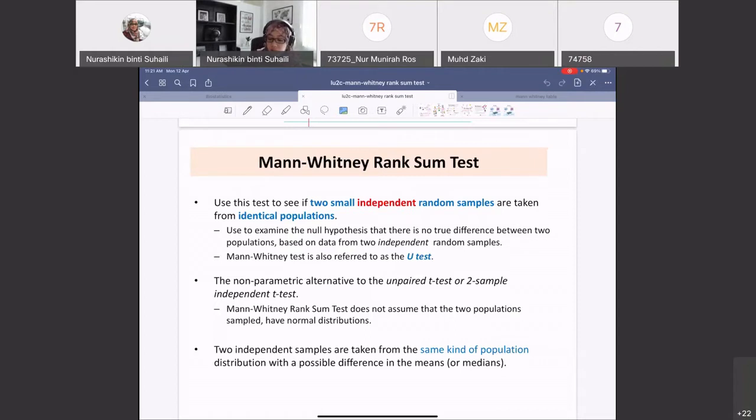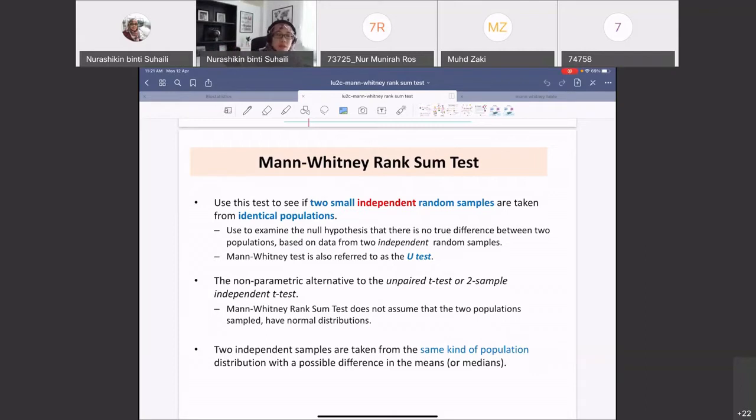You want to compare, let's say, the state of Selangor and Johor, the trend of people spending time on the internet. You are comparing just these two states, the number of hours people spend on the internet.